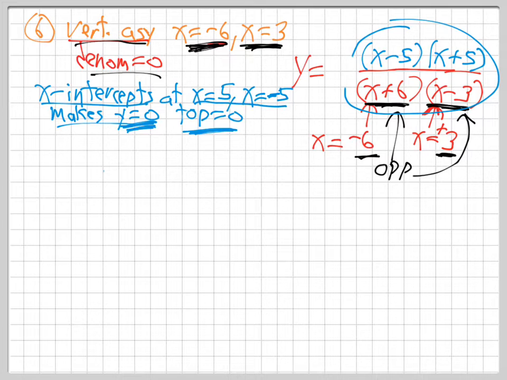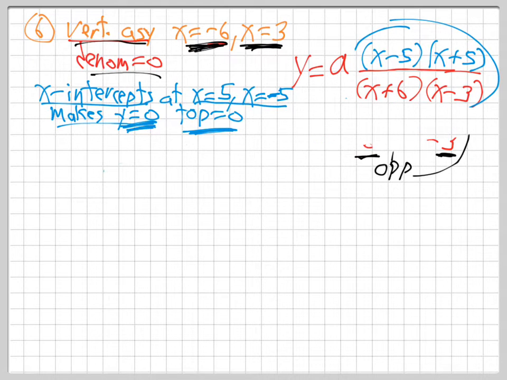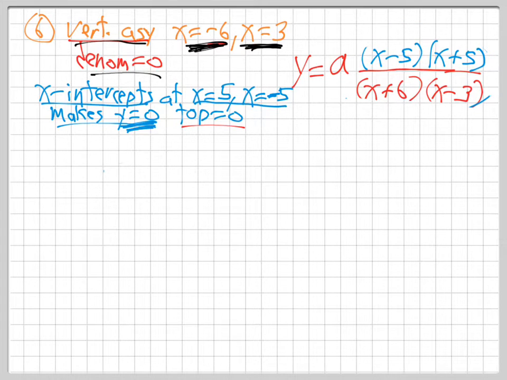It doesn't have an x, it's just a number, a. So I want to figure out what is that number. We've got all the x stuff done. The x stuff is finished, but we just need to know, is there a constant number in the front there? Call it a.